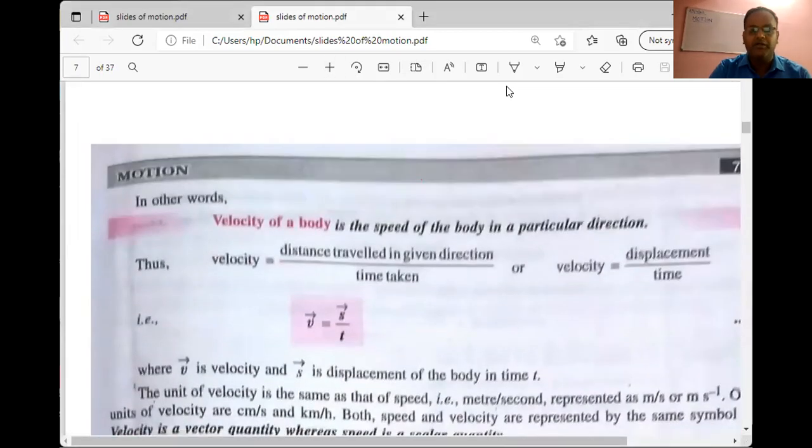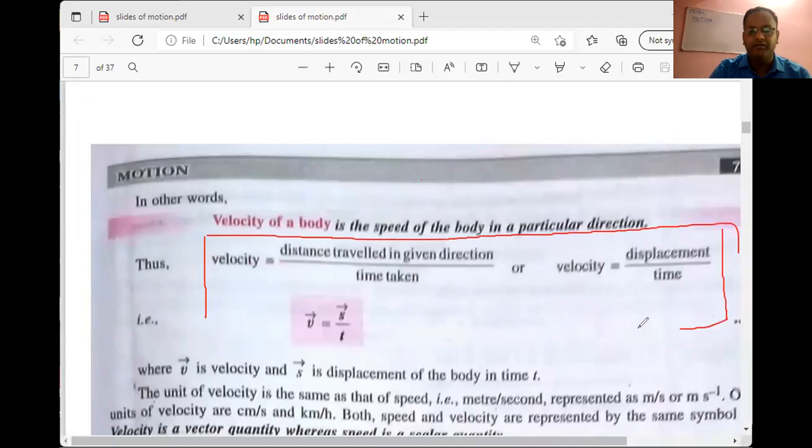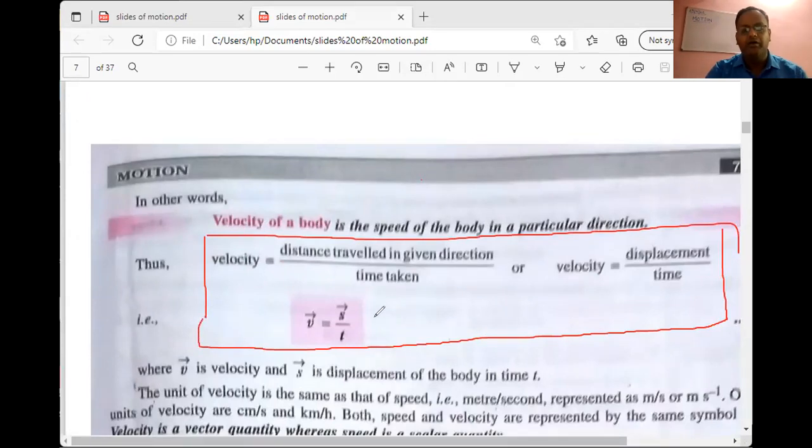Velocity is equal to the distance traveled in a given direction divided by the time taken. Or velocity is equal to displacement by time.